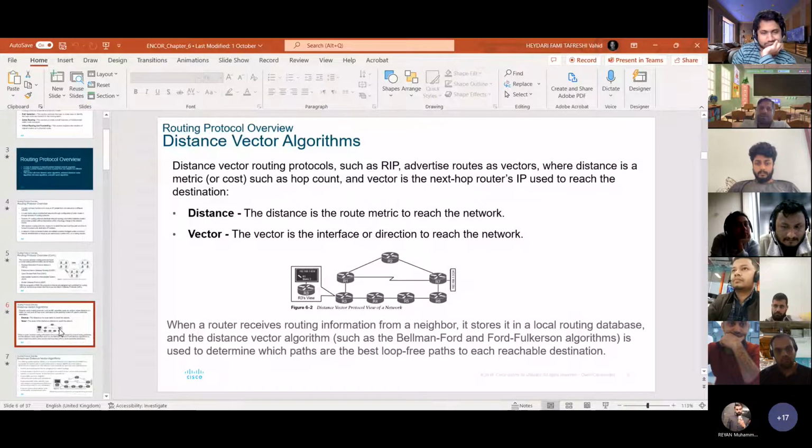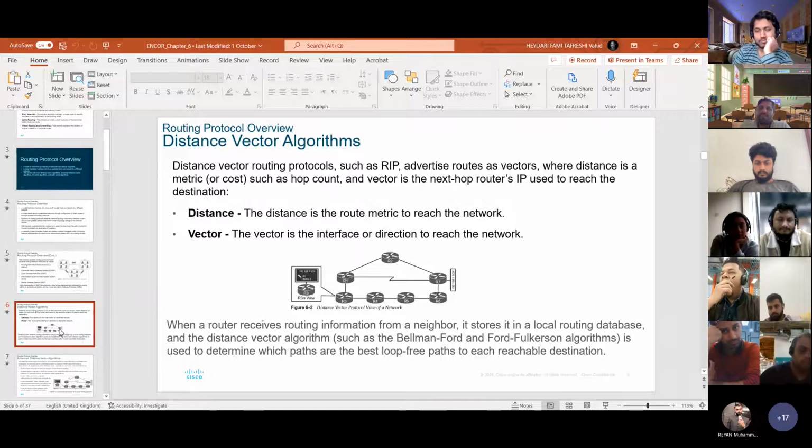You remember we discussed that with show ip route, you can see the content of a routing table. Part of the information that you had inside the routing table, if you remember, was the next hop. That next hop is called vector, and that's why we call RIP or EIGRP, for instance, distance vector routing protocols, because they are telling us exactly what the next hop is to get to that destination.